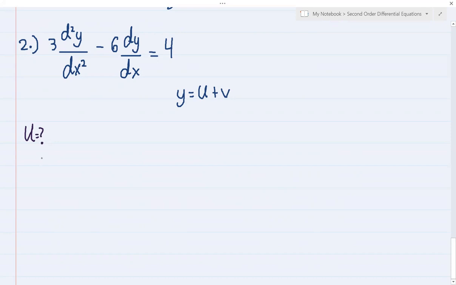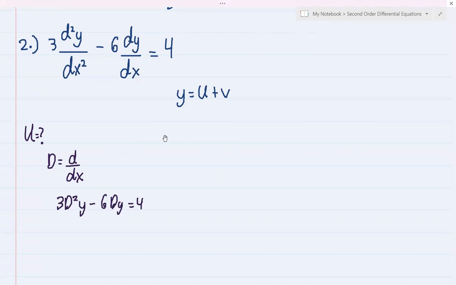So, as usual, substitute your d all over dx as your capital D. So we will have 3D squared y minus 6Dy is equal to 4. All right? Then, wait.